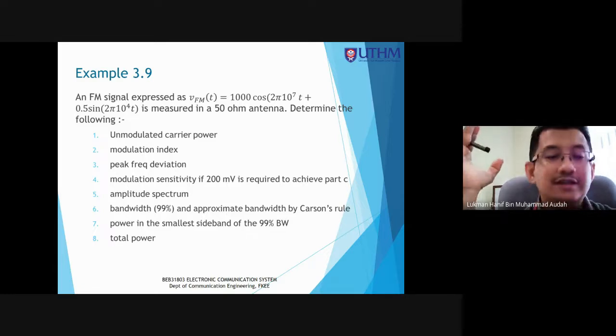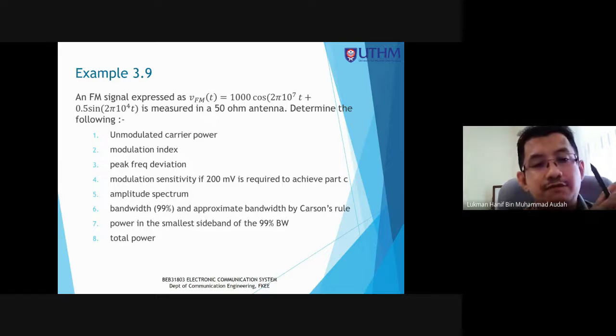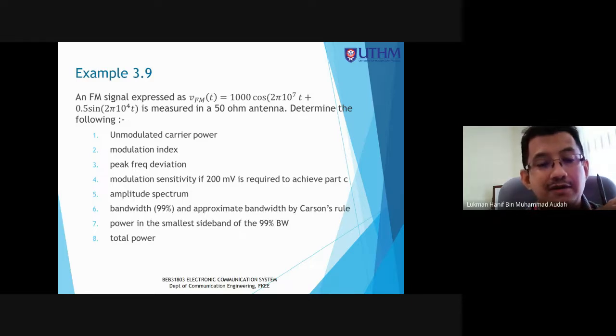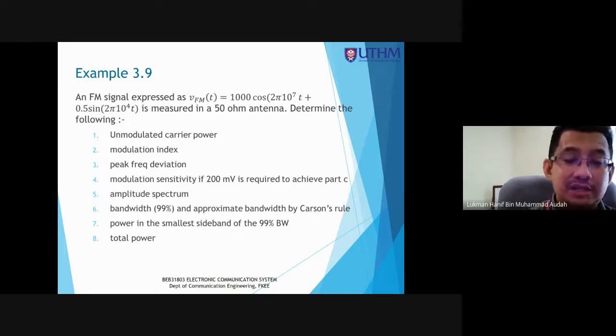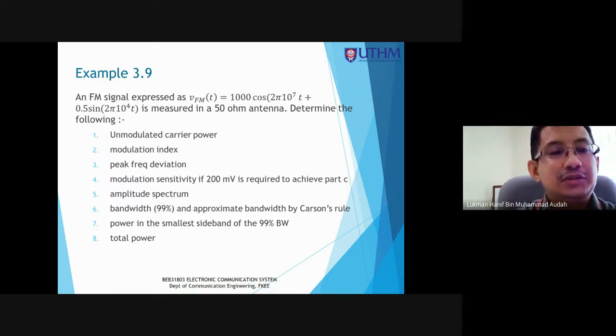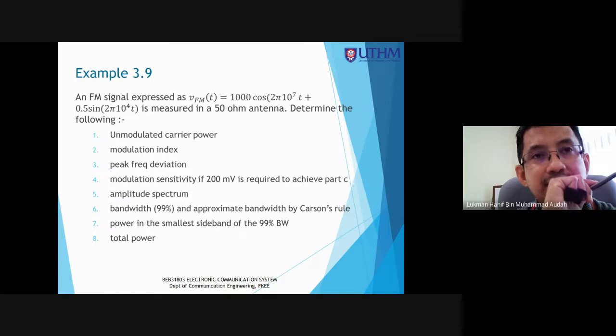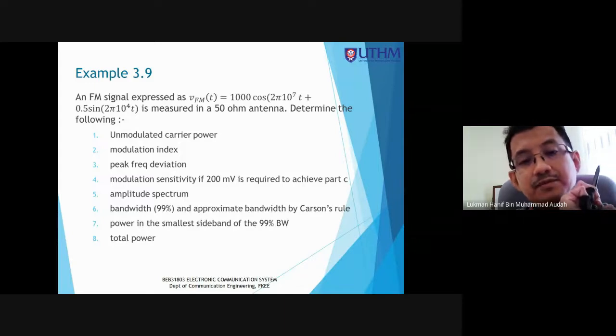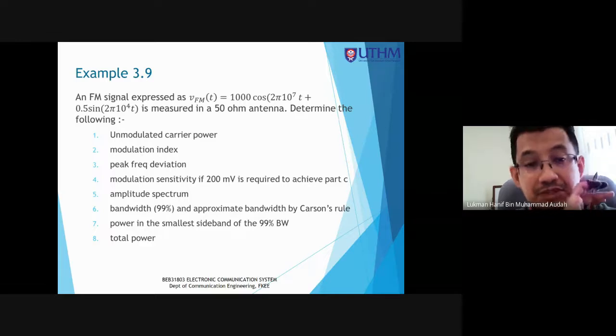But be careful, if you answer wrongly in the first part, the rest would be wrong. Okay, itu bahaya dia lah. In the final exam, one question is 20 marks. Final exam consists of 5 questions, where each question is for each chapter.